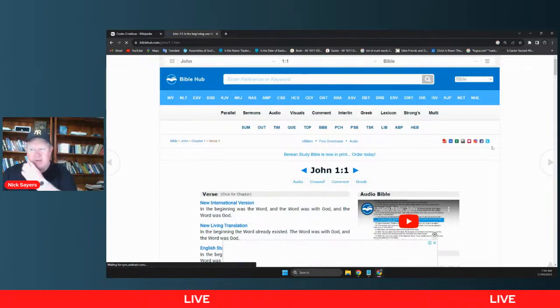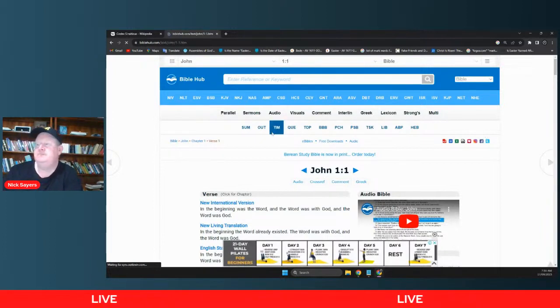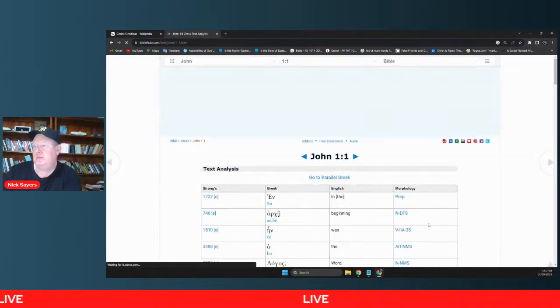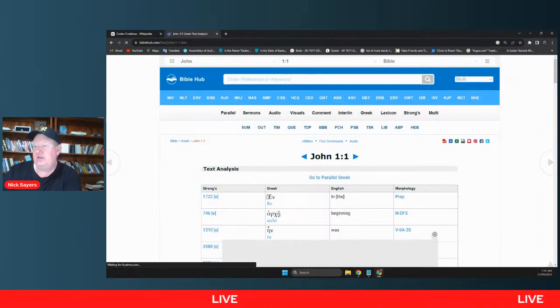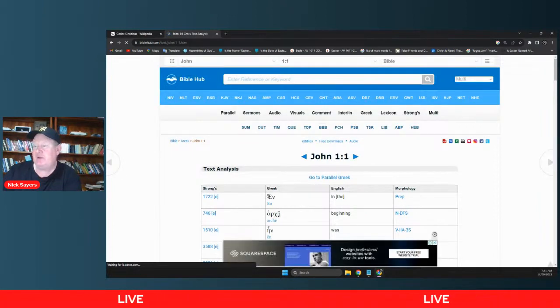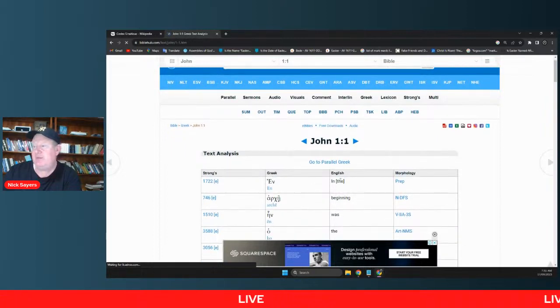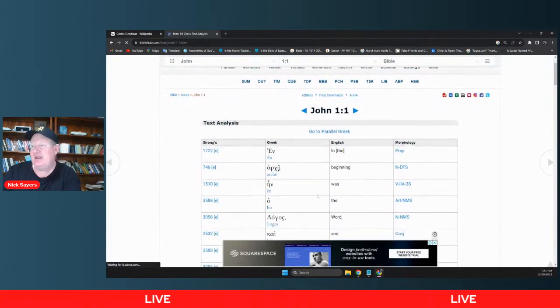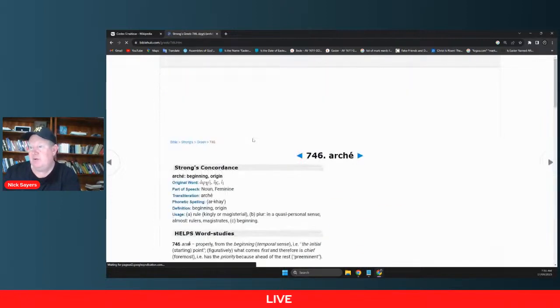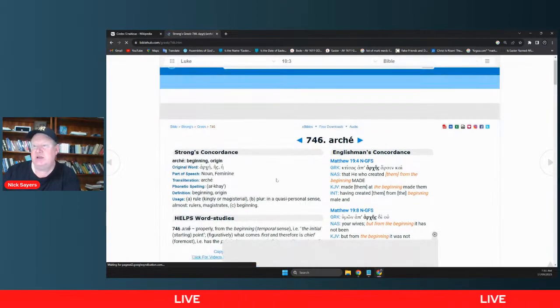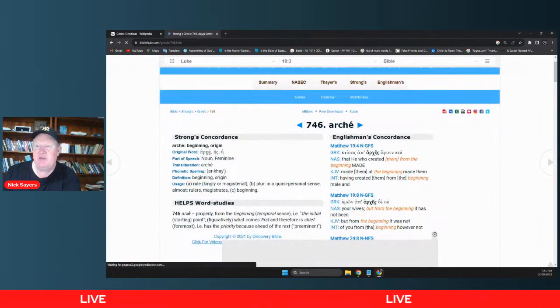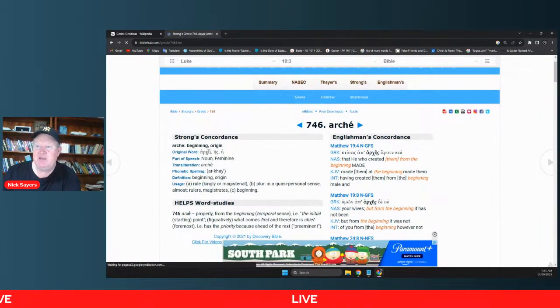So we go to the Greek. So that's the difference between a smooth breathing and a rough breathing here, the little backwards or forwards comma. So that is pronounced "en," and then you have ἀρχῇ. So let's go to the lexicon here, and see how it has a breathing mark here. So that means the stress is put on there.